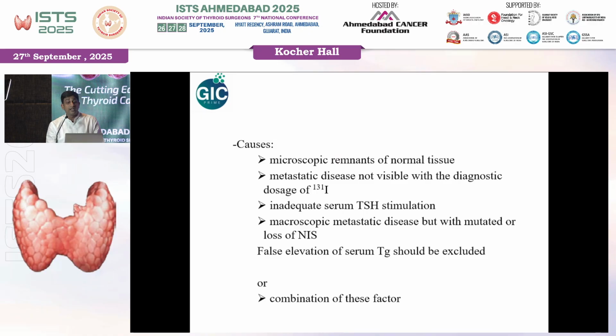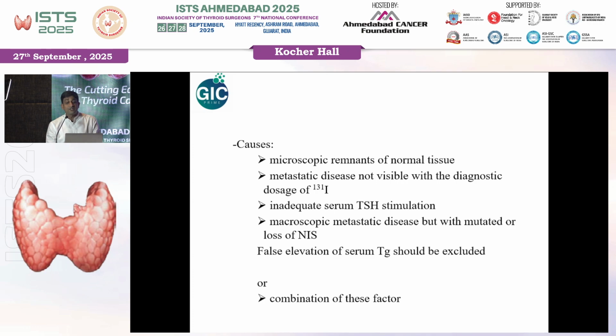The other one is inadequate serum TSH stimulation. When serum TSH does not rise adequately, then also we can see the picture of TENIS syndrome. Another is macroscopic metastatic disease, but with mutation and loss of the sodium iodine symporter. When the disease is metastatic but the symporter level is reduced on the cells, that also presents as TENIS syndrome.